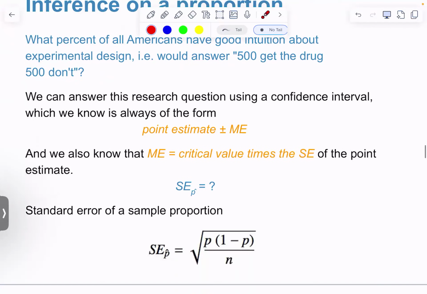We can answer this question using a confidence interval, which is always of the form a point estimate, that's our p hat in this case, plus or minus the margin of error. And the reason we're introducing this now is for the final part on your formula sheet for the one sample proportion. The margin of error is, we've seen it before, our z star, which we find on the t-table, times the standard error of p hat.